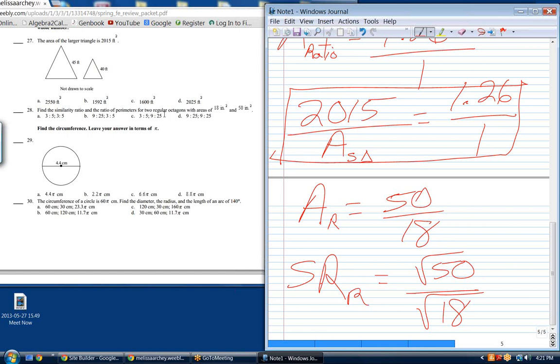Let's see. In this case, they actually do the smaller to the larger, which is fine. It's the square root of 18 to the square root of 50. So I'm looking for that.